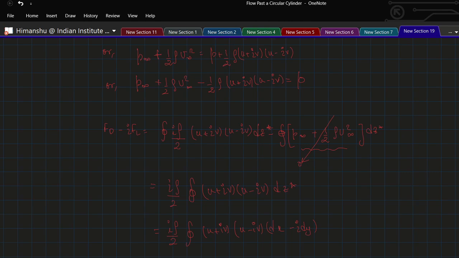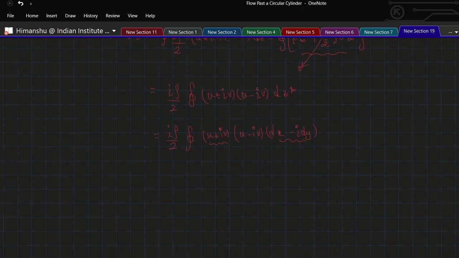Now let us do some manipulations as follows. Multiply the two highlighted terms.